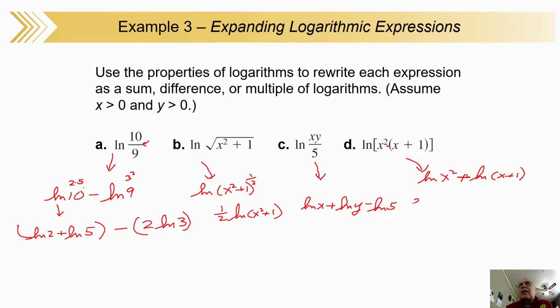So you can rewrite this one as 2 times the natural logarithm of x, and then the natural logarithm of x plus 1. Notice especially, this is not the same as the natural logarithm of x plus the natural logarithm of 1. Not.